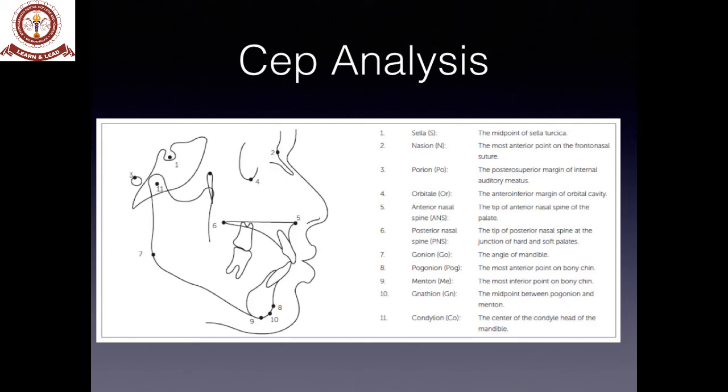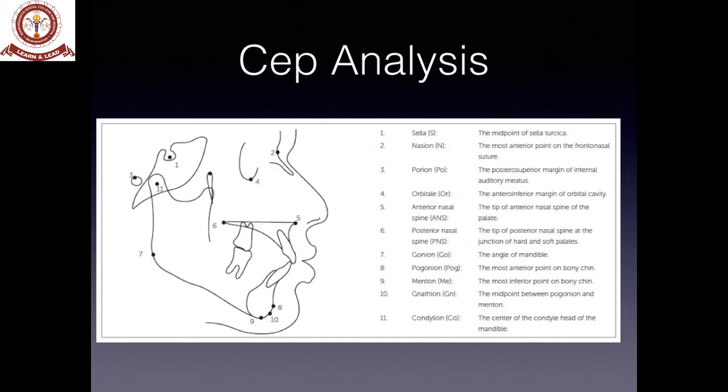For example, the sella. That is where the pituitary gland is housed. The nasion, the most anterior point of the frontonasal suture. Then the porion, the posterior superior margin of the internal auditory meatus, that is your ear cavity.